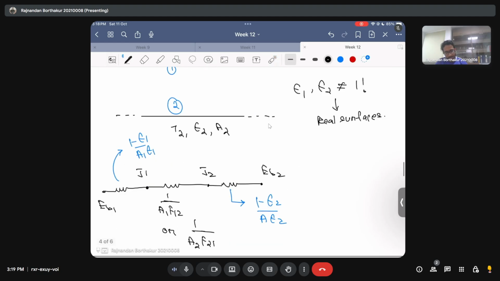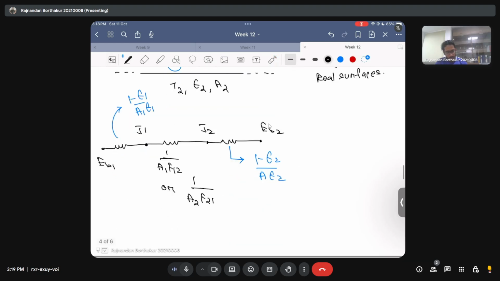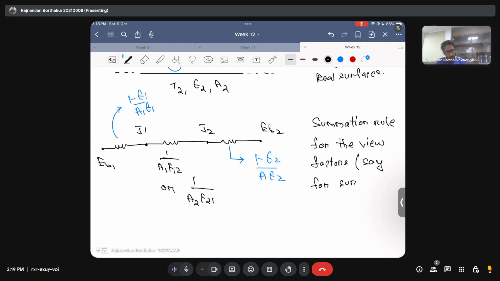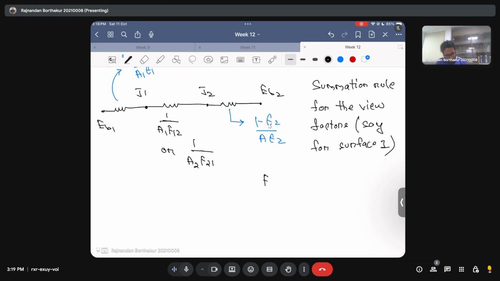So if I write down the summation rule for the view factors, say for surface or plate 1, I can say that F11 plus F12 is going to be equal to 1.